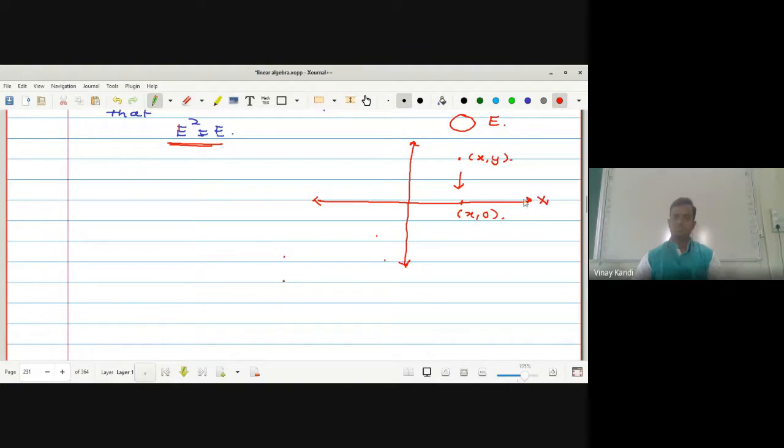Now, suppose this is x-axis, this is y-axis. Now, what is the range of projection? Range of E. That's the range of linear operator.